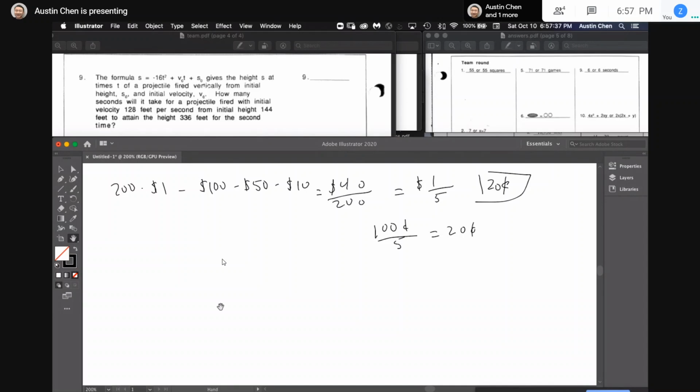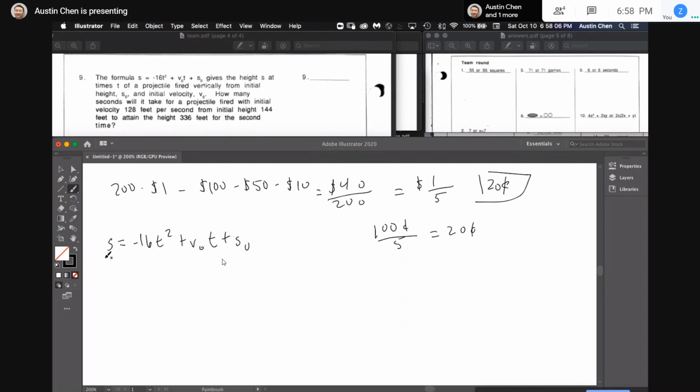All right, so basically it gives us a formula, and then it gives us some applied values. We just apply the values that they give into the formula that they give us. So we have S equals negative 16 t squared plus v0 t plus s0.